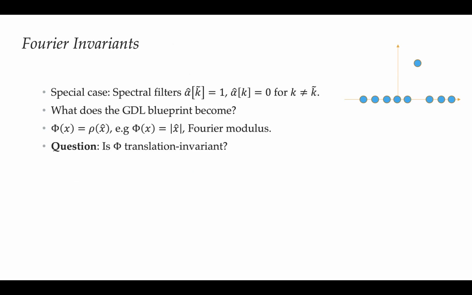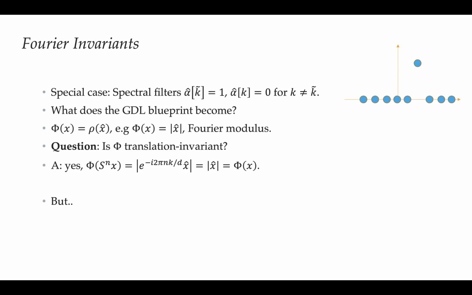I'll try to infer. Is the representation translation invariant? The answer is yes. If I translate the signal, in Fourier this translation is expressed, as we saw, as just a multiplier. Translation is diagonalized in Fourier, so the only effect of translating is changing the phase.